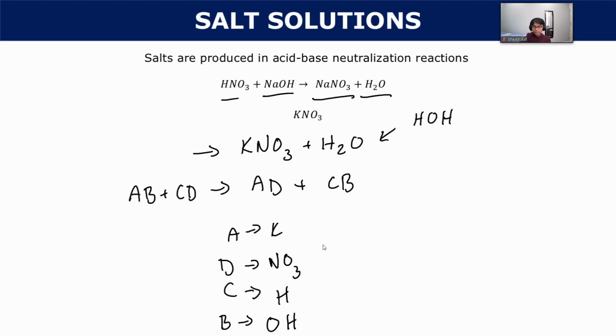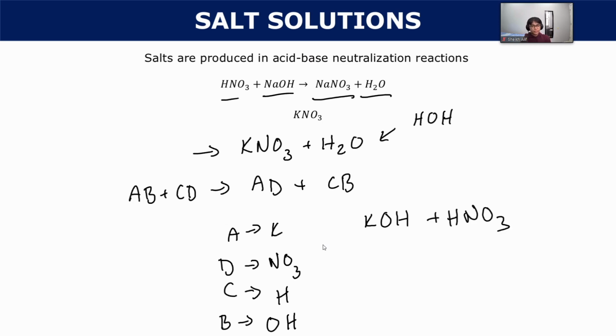And so this fundamental idea allows us to figure out the reactants that produce a salt. And we'll see why the reactants that produce a salt are going to be important. So that means the reactants that produce this are going to be AB, which is KOH, and then CD, which is going to be HNO3.